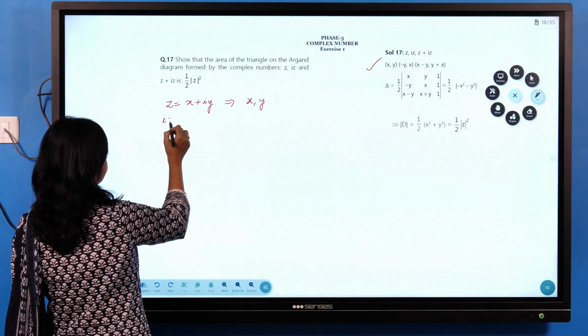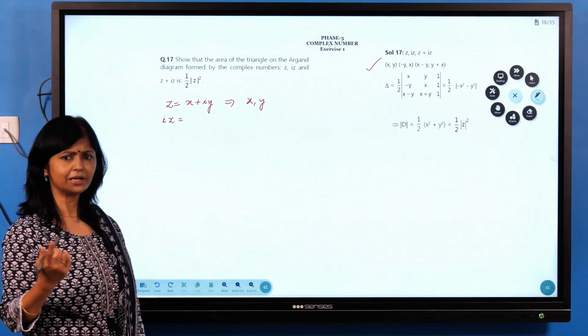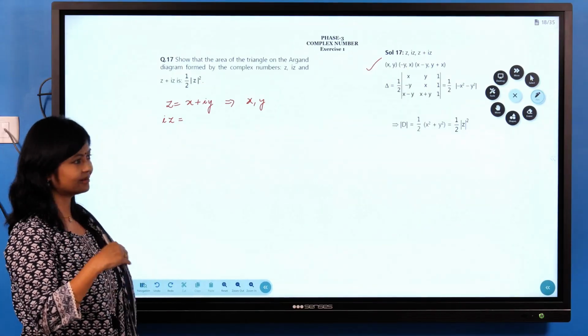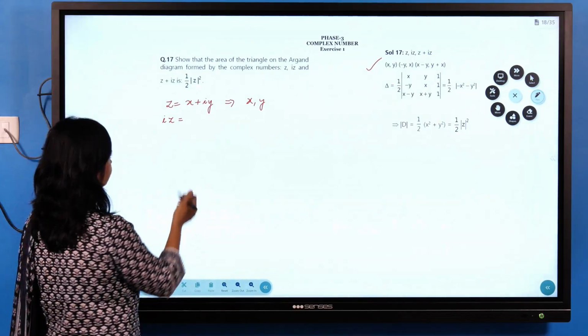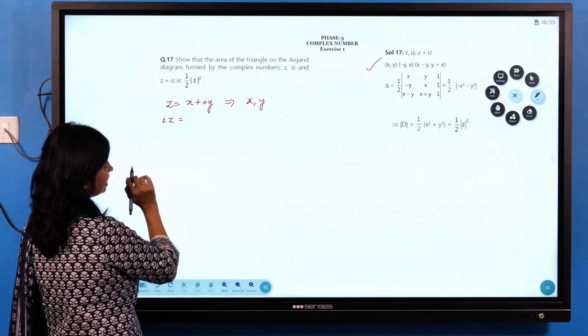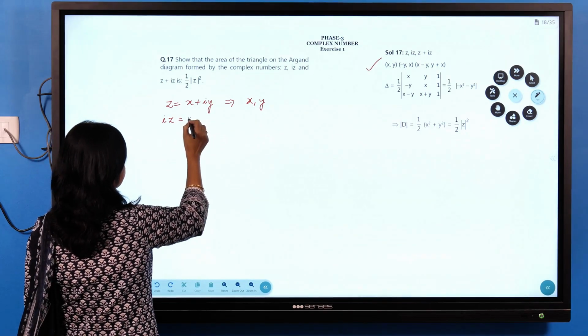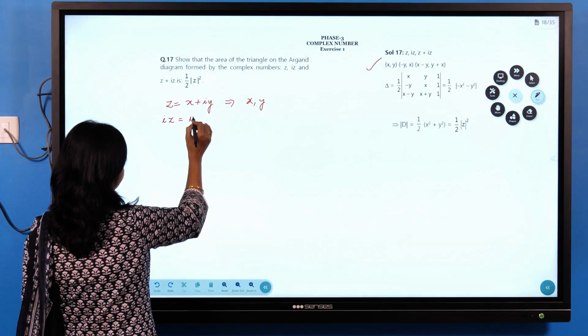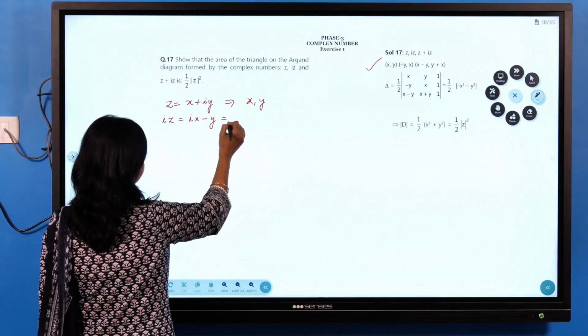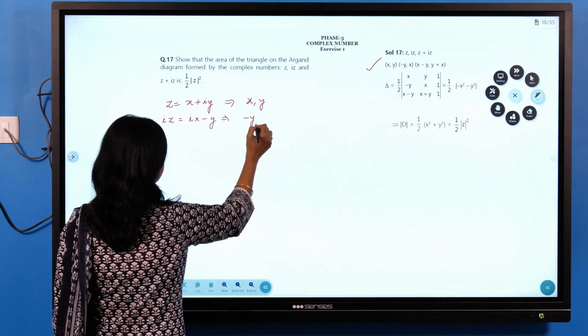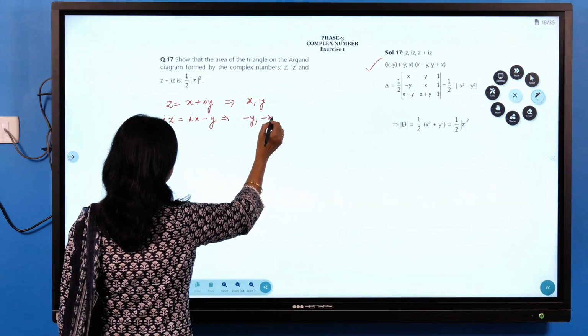And if we say iz, the coordinate plane and Argand plane are not the same. The Argand plane is where the y-axis is imaginary. So iz, if you multiply by i here, then it becomes ix minus y. So the point is (minus y, x).